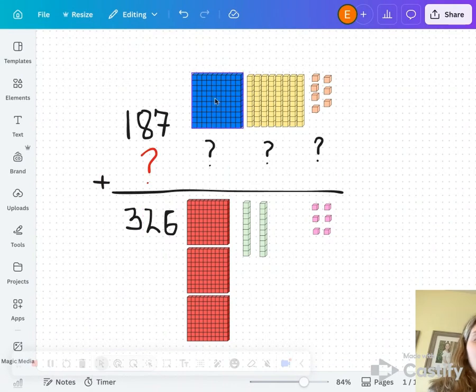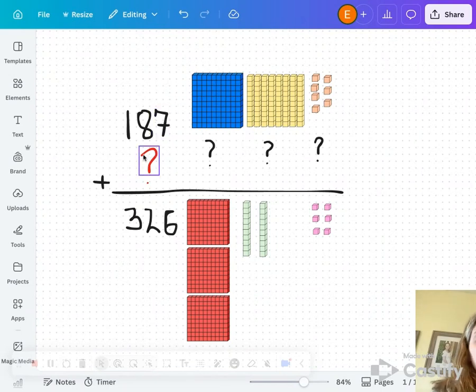So just to start with this expanded notation, we have a 100 represented here by 10 tens in that 100 spot. And then we also have 8 tens, which is represented in the 10 spot as 80. And then we also have 7 ones that is represented in the ones place as 7 units.